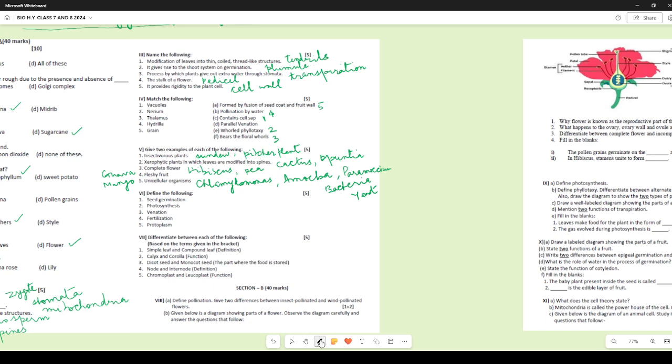Let me use a different colored pen over here. Embryo of the seed becomes active and forms a new plant.